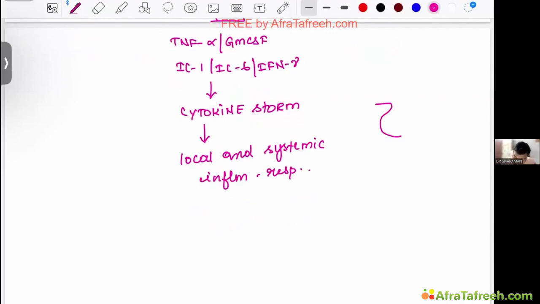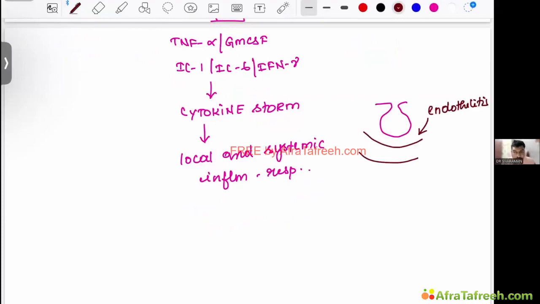Whenever there is a cytokine storm, there is going to be injury to the alveoli. At the same time, there is going to be injury to the endothelium in the form of endothelitis. Whenever there is an injury to the endothelium, it is going to form a lot of microthrombi.